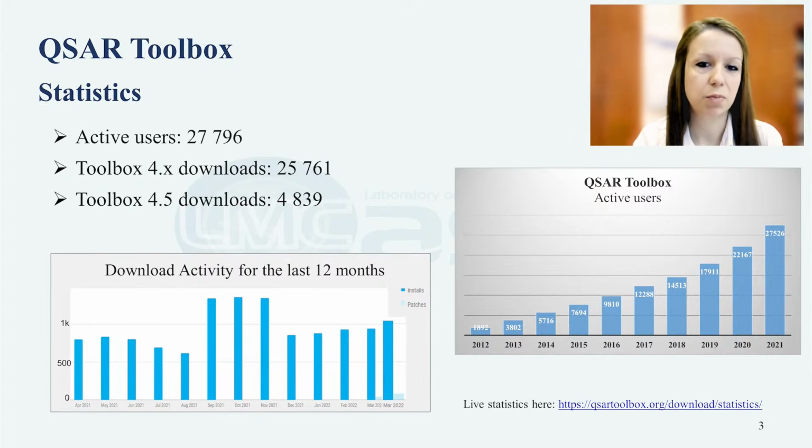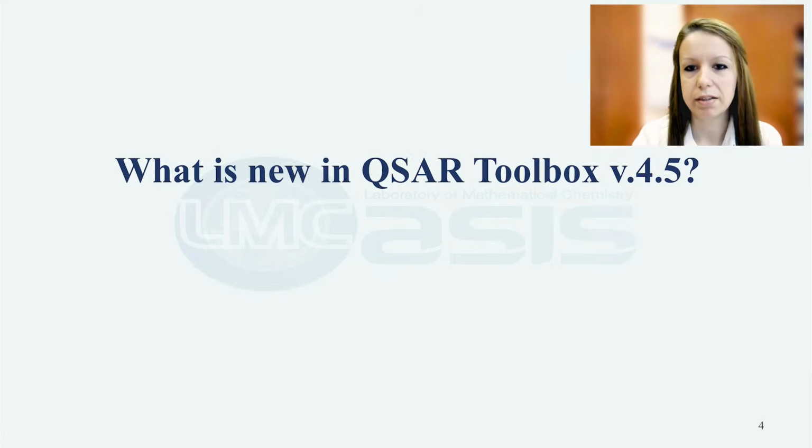So we estimate the number of real active users to be above 200,000. And here are some statistics for the downloads and download activity for the last year, showing the constant interest in Toolbox.